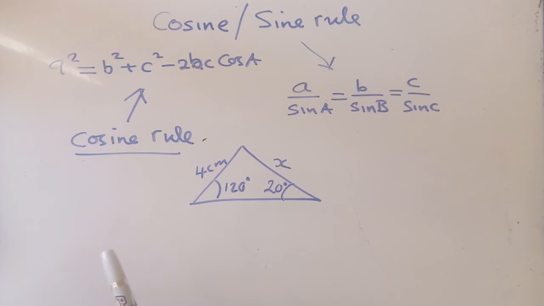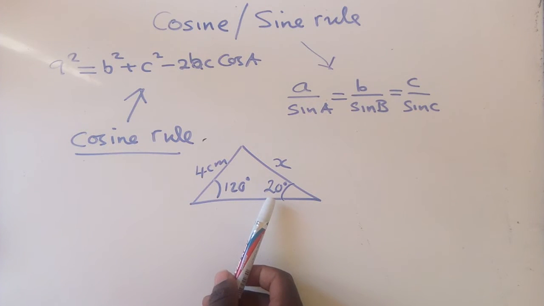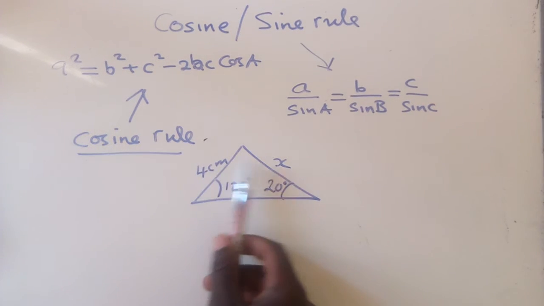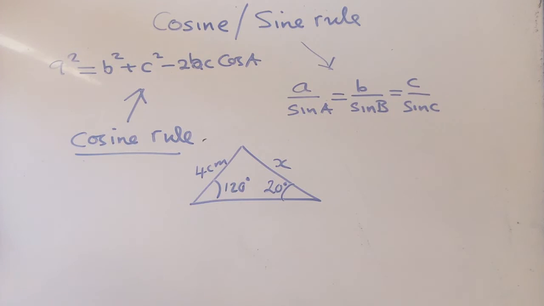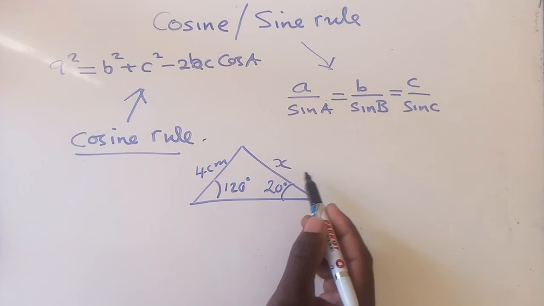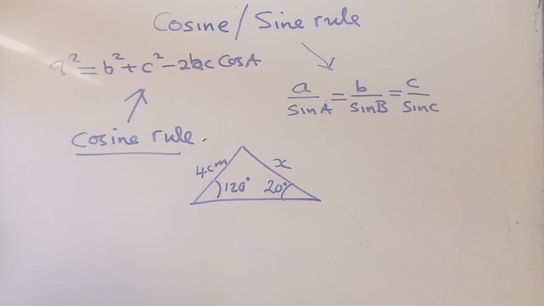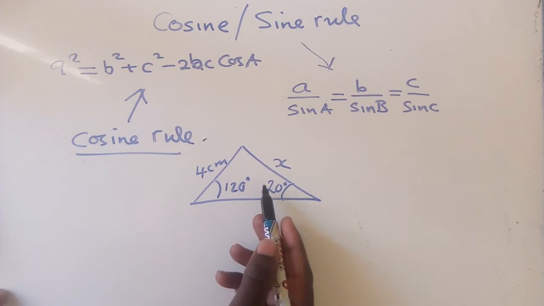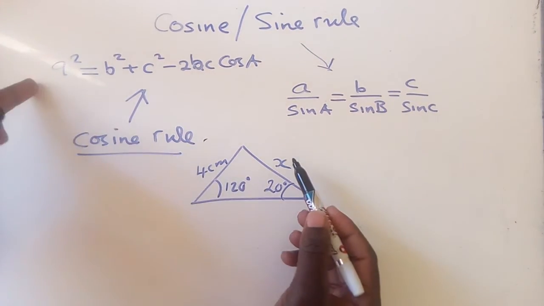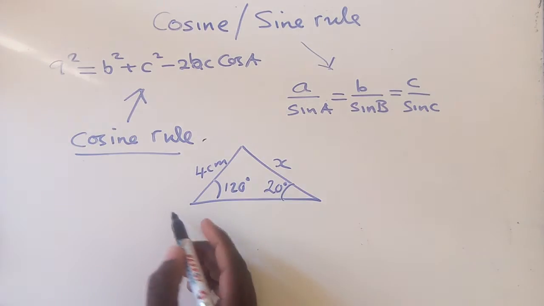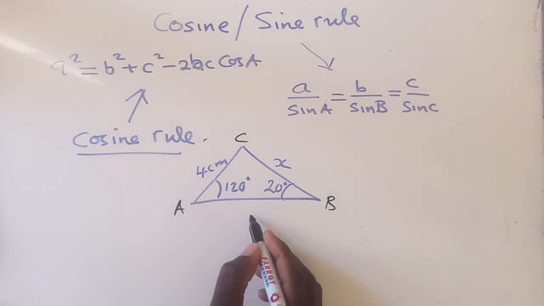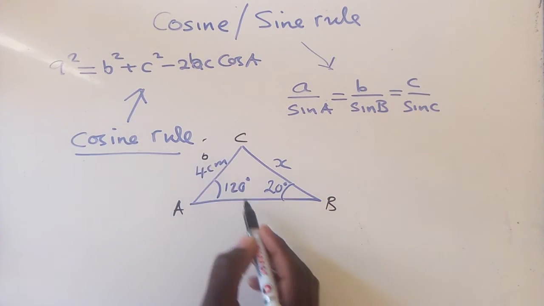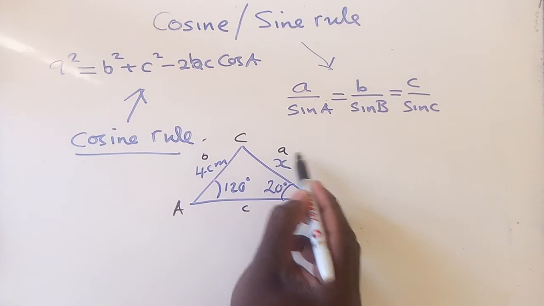We have two angles and two sides, and we have corresponding sides, so the cosine rule is not suitable but the sine rule works. You can label this A, this B, C, with the small letters a, b and c.